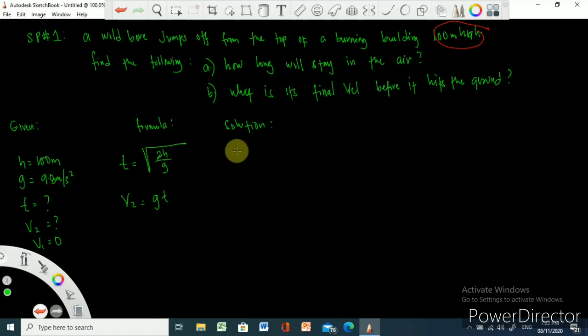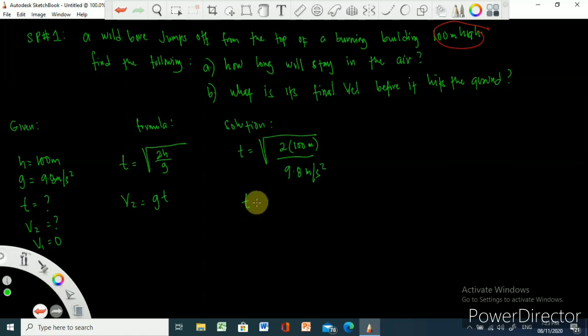Okay, so for the solution, time is equal to square root of 2 multiplied by 100 meter divided by 9.8 meter per second squared.